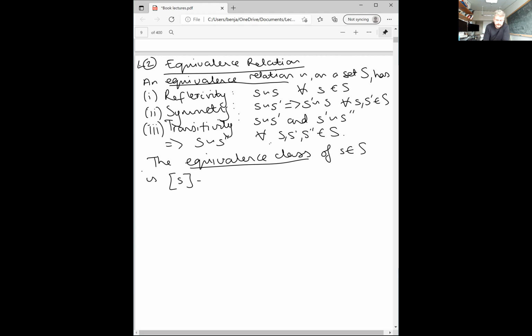And this is the set of all elements in S that are related by the equivalence relation. Now, equivalence classes are important because they partition up sets. And the way that we find this out is that we show that 2 equivalence classes are either disjoint to each other or equal.